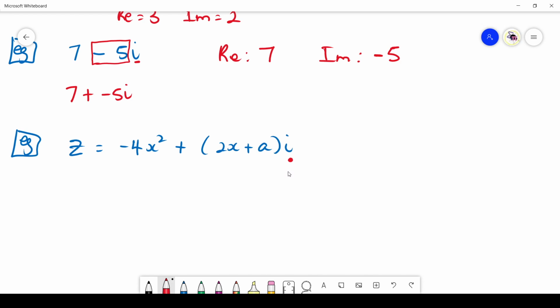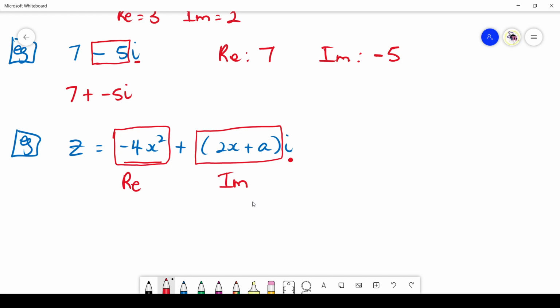If it's not there, you're not dealing with a complex number. Right? And it's going to have a two-part component. In this question here, the real part is negative 4x squared, the entire thing. Okay? Because x has a value that's unknown to us, so we have to consider it as being real. And i, definitively, we know i is imaginary. So therefore, the coefficient of i here would be the imaginary part. And so on. Okay?